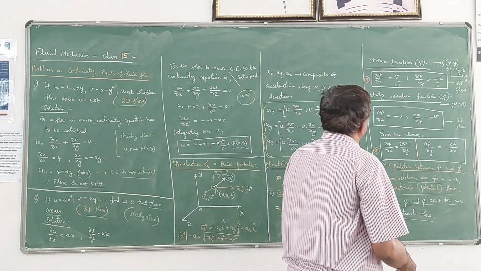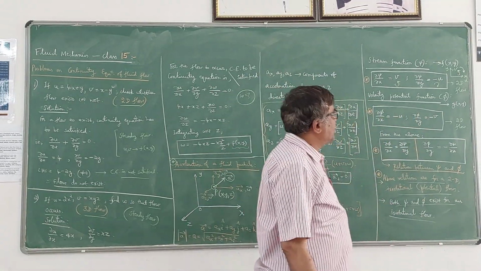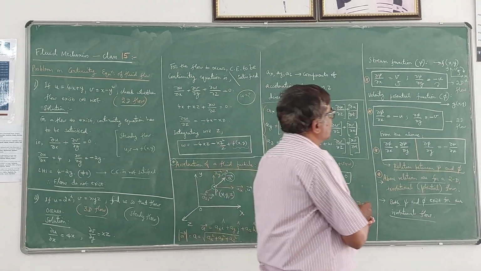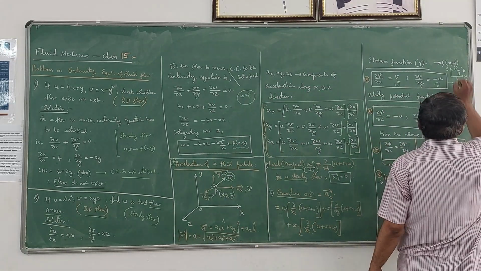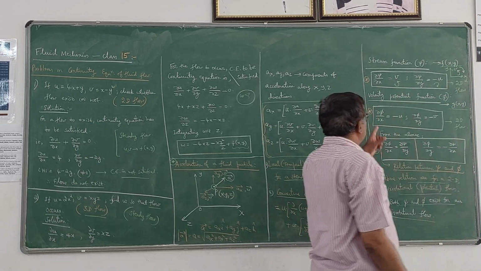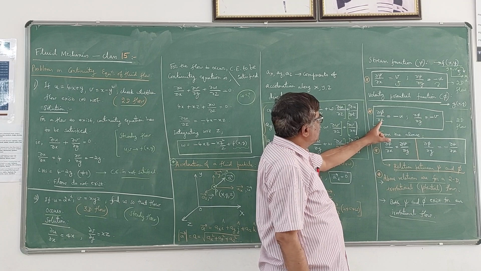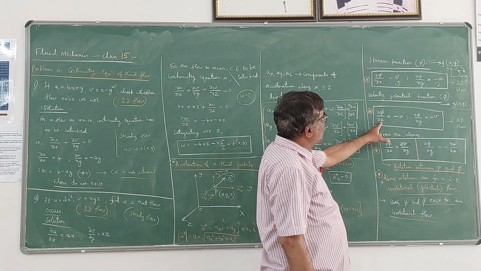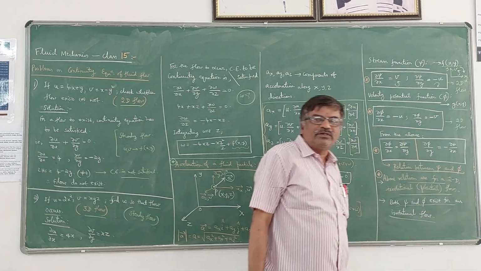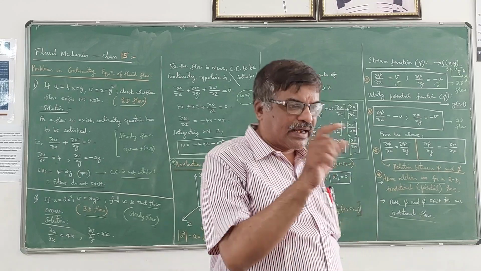Then the second function is the velocity potential function denoted by phi, which is also a function of x and y. So both these are functions of x and y, and it is defined like this. If you differentiate phi with respect to x, you get the negative of the velocity component in that direction.